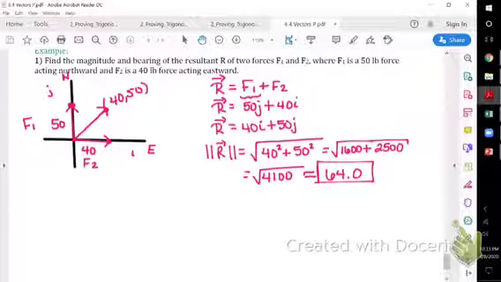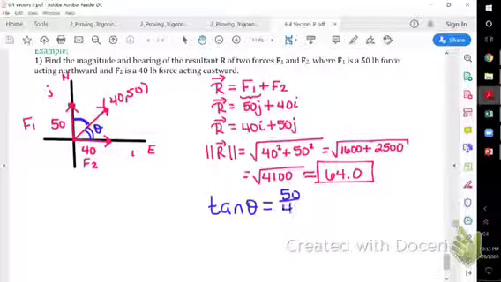Now let's talk about the bearing. Remember, bearing is always measured from the north or from the south. So in the end, for bearing, we're looking for this angle right here. But when dealing with vectors, we can find this inside angle theta, because tangent of theta is equal to the second coordinate divided by the first coordinate.